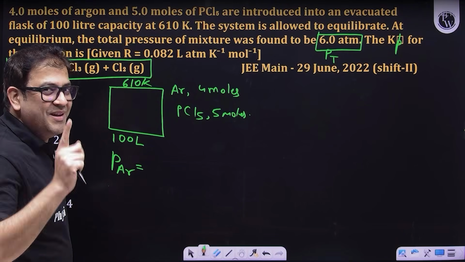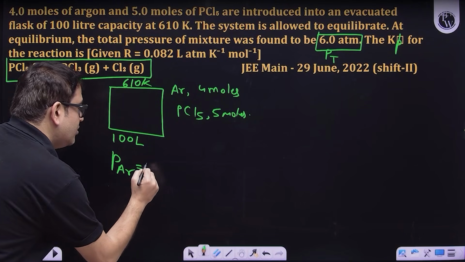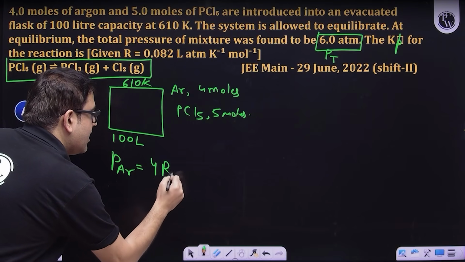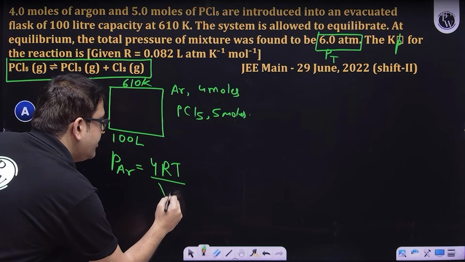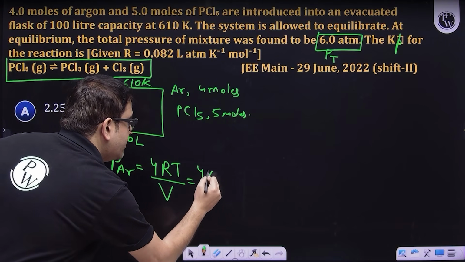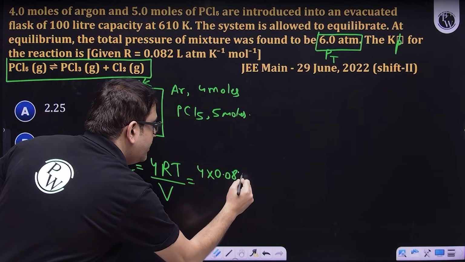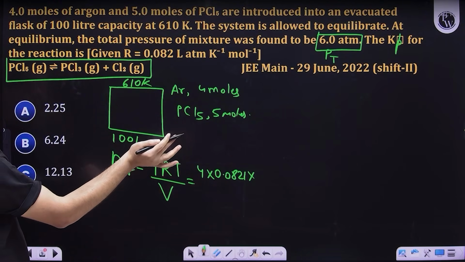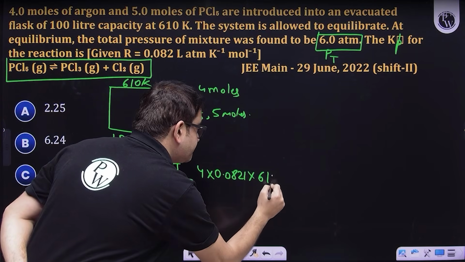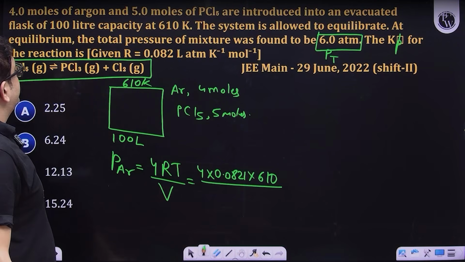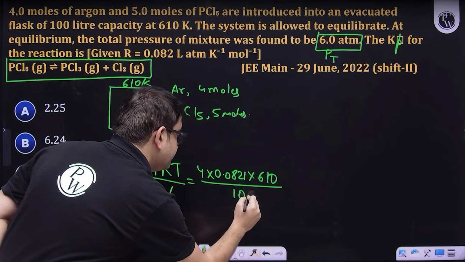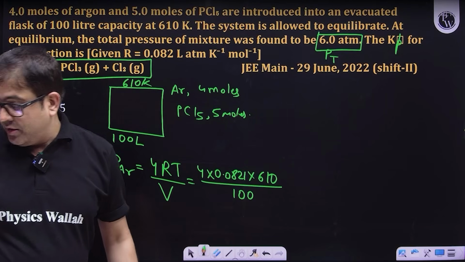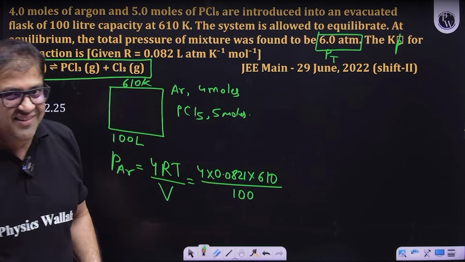How will you find pressure? Gas, sir, PV equal to nRT. So P is equal to nRT upon V. Use 4 into 0.0821 into temperature 610, upon V, which is 100 liters. I'm just using a calculator. You also do this because we have to save time.